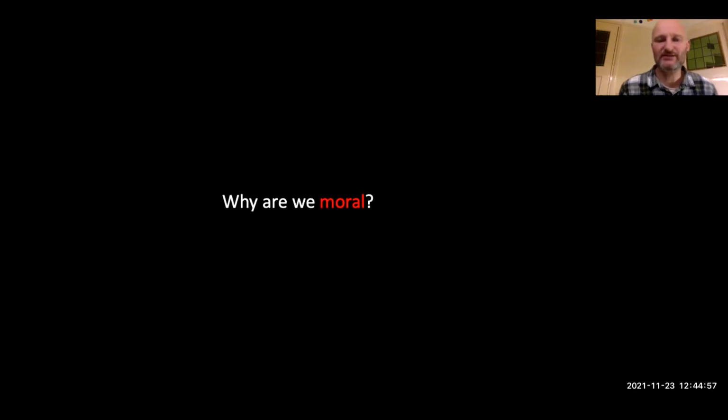Okay, so if we go back to the question, why are we moral? We have to both look at the behavior, and we have to look at the comparison between us and other species.